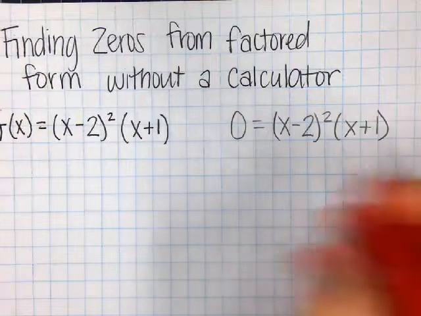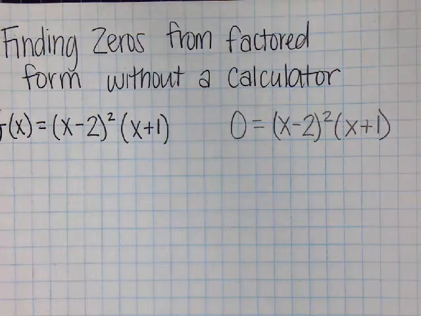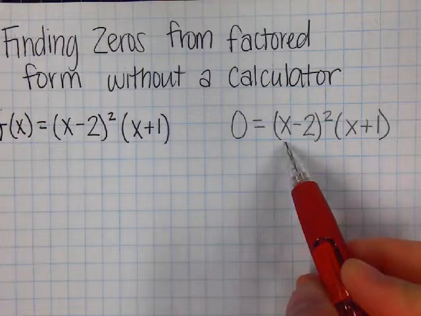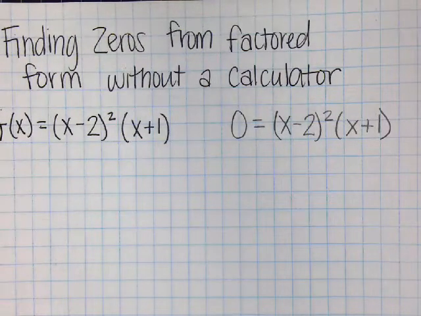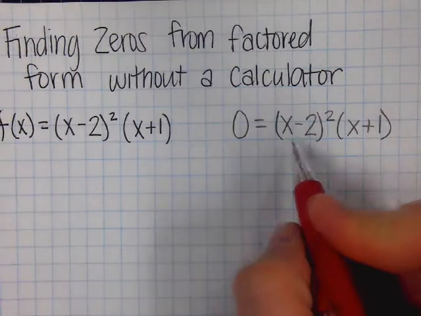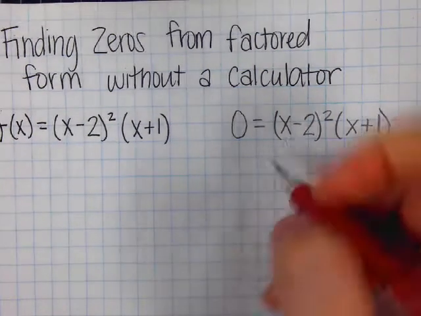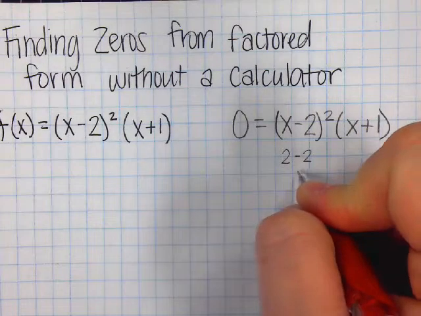So if I have this equation, I'm looking for what number I can plug in for x that would make this equal 0. So if you look at this, I could plug in a 2 here because 2 minus 2 would equal 0.